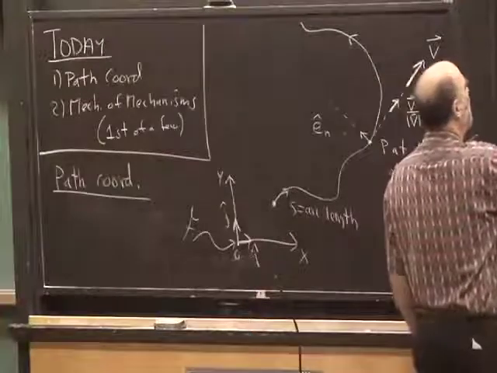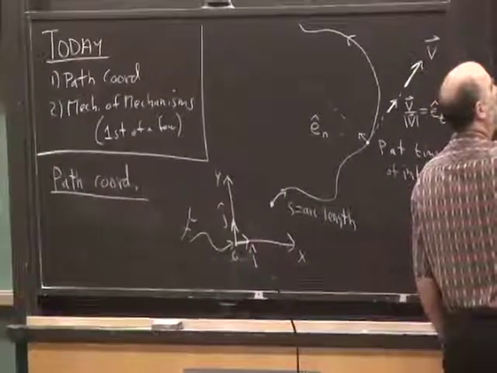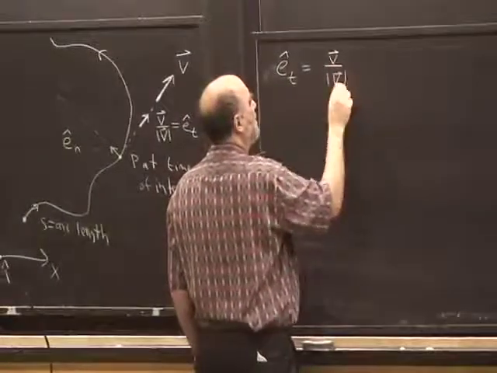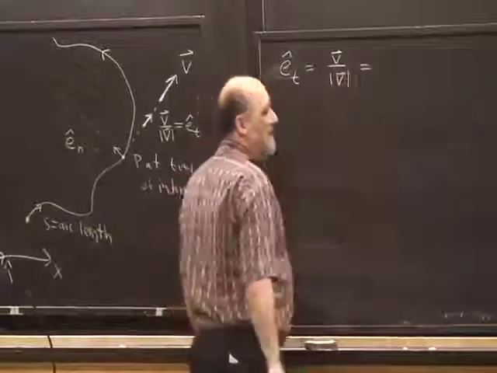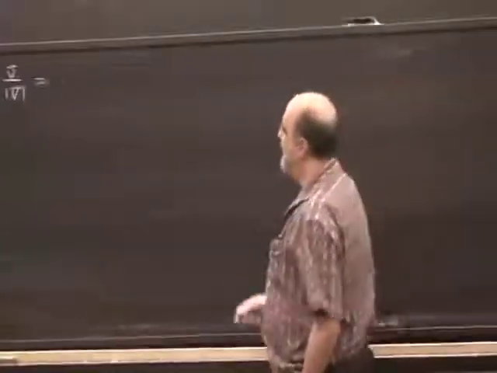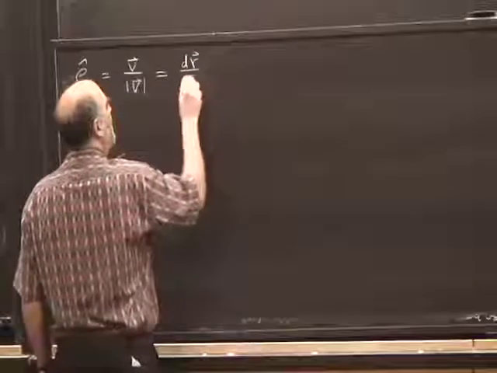So the new vectors we have are the tangent vector, which we can define as v divided by the magnitude of v. Another way of looking at it, though, is we can look at an increment in the position, and divide by the magnitude. So that would be what we call dr/ds.